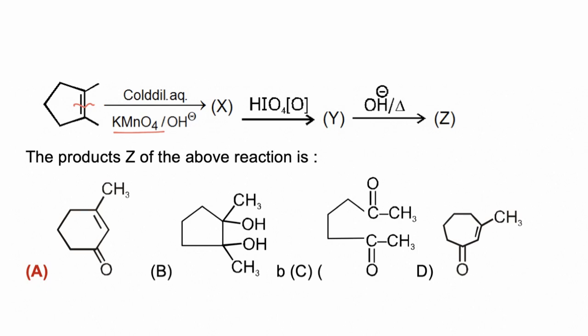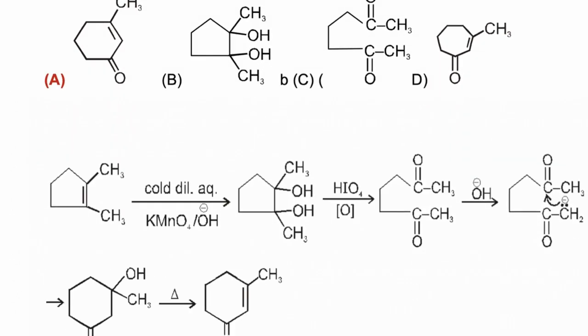Now this compound will be oxidized to a carbonyl group. And in the third step, when the compound is heated with OH negative, intramolecular aldol condensation takes place. So this alkene would be converted to a 1,2-diol after syn hydroxylation.